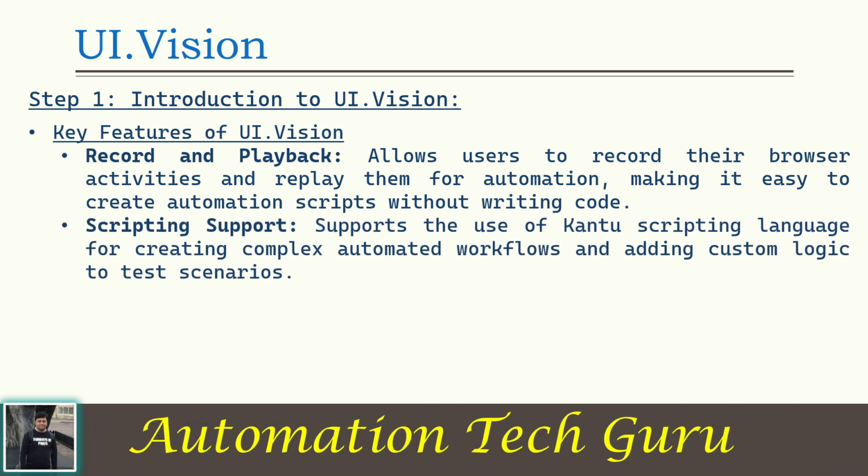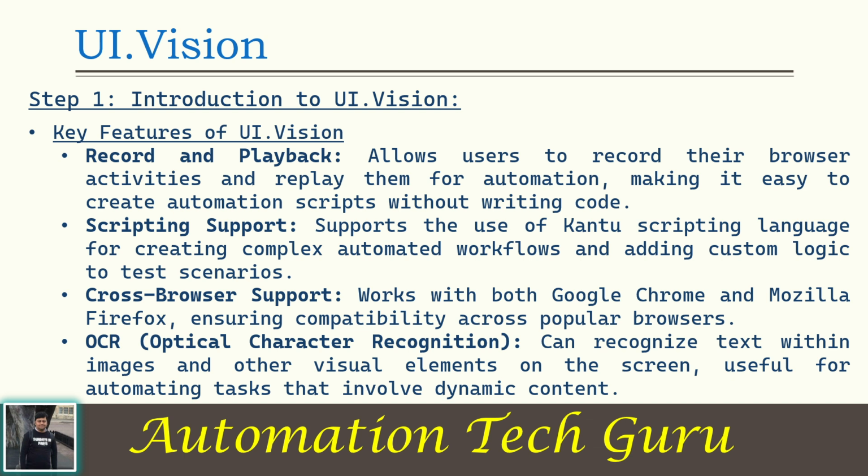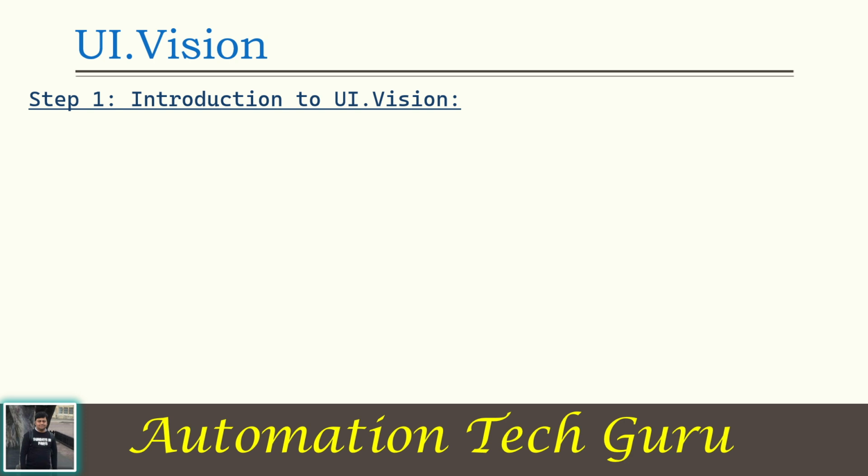Scripting: it supports the use of the Kantu scripting language for creating complex automated workflows and adding custom logic to test scenarios. Cross-browser support: it works with both Google Chrome and Mozilla Firefox, ensuring compatibility across popular browsers. OCR, optical character recognition: it can recognize text within an image or other visual elements on the screen, useful for automating tasks that involve dynamic content.